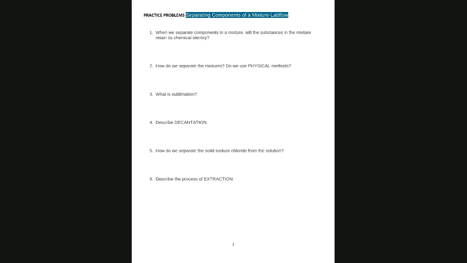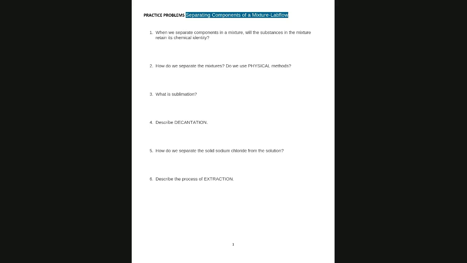I think this one you can answer. That's yes. Yes, very good. That's an important concept of this separation of mixtures. Yes, each substance in the mixture will retain its chemical identity, and we will recover the same substance. Exactly.